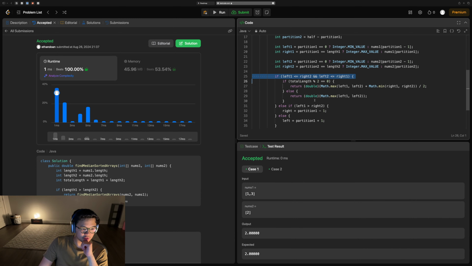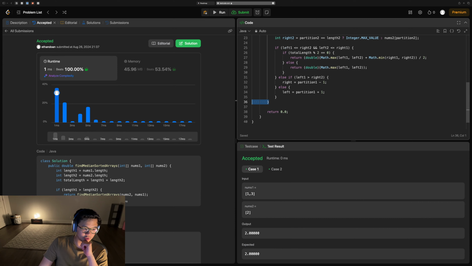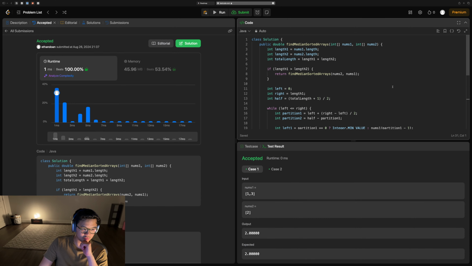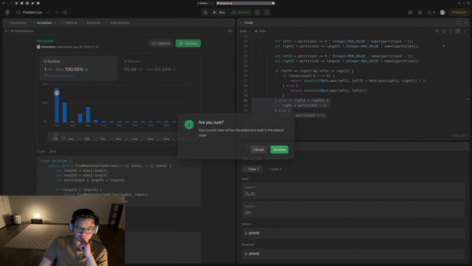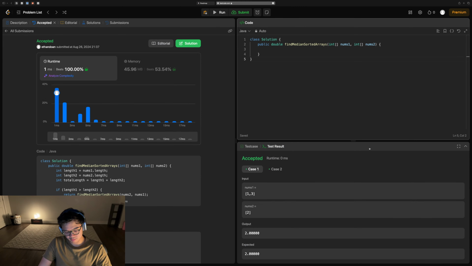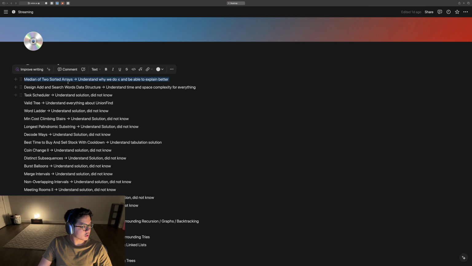If we've partitioned in half, we return the median. Otherwise, we do binary search to get the half partition. Okay. That's done.